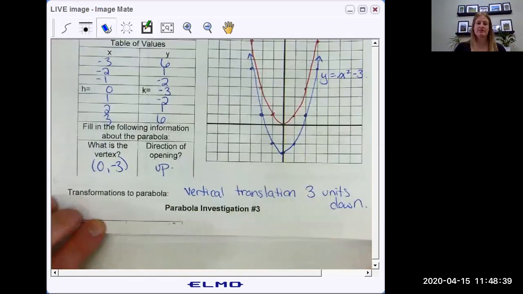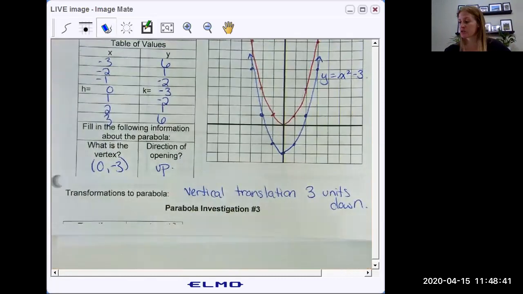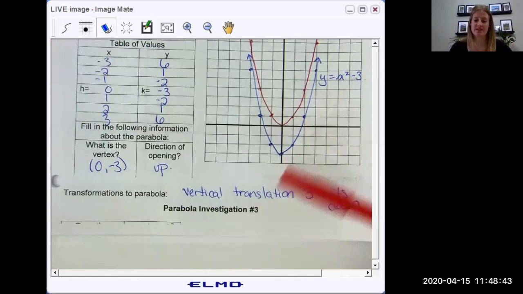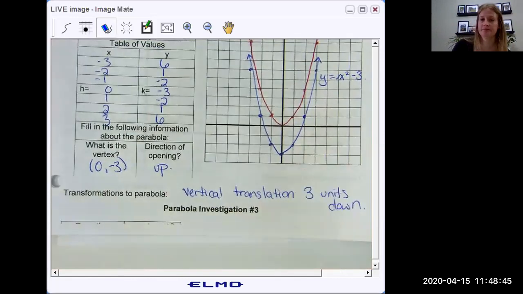That is the transformation that happened from y equals x squared to become y equals x squared minus 3. Jot that, and then we're going to move on in, I don't know, 15 seconds.